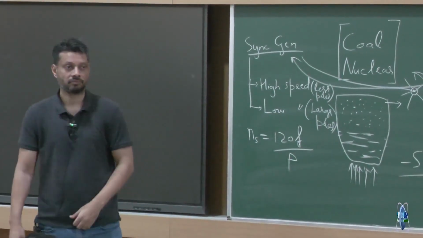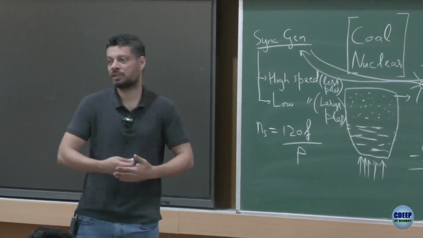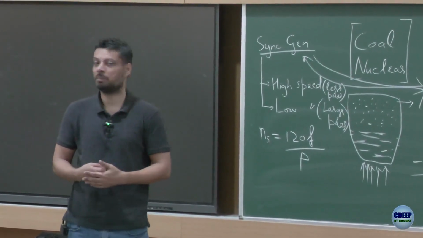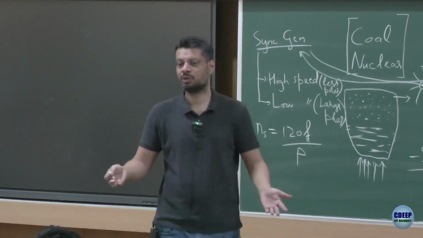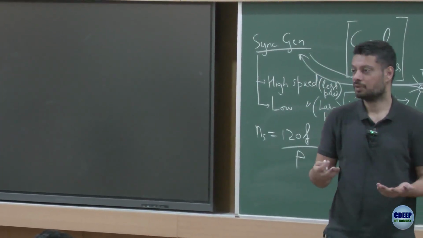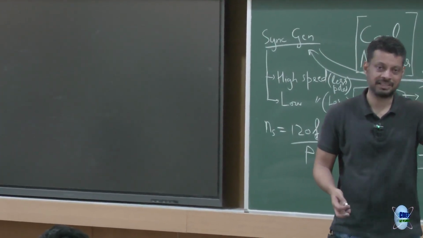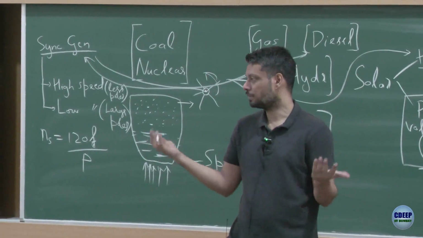That said, you cannot schedule it for the whole day. In the whole day your loads will change drastically, and keeping the spinning reserve unnecessarily wastes fuel. So yes, you want some reserve because you don't know what will happen in the next 5 minutes, but you don't want a reserve for the whole day.